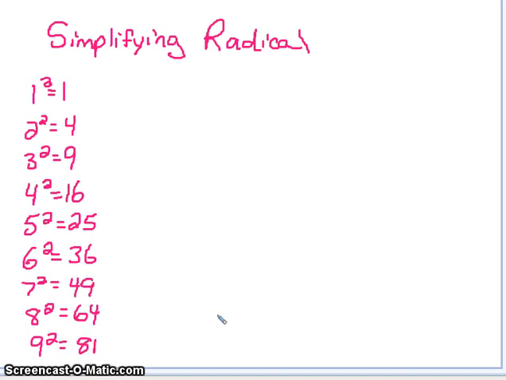I'll stop there, but obviously 10 squared, 11 squared, all of those you should know. We want to make sure that we are constantly thinking about these particular numbers when we're taking the square root of a number.